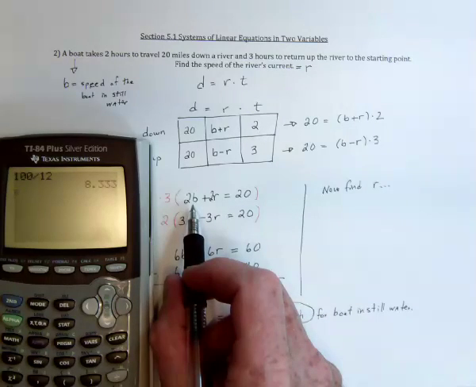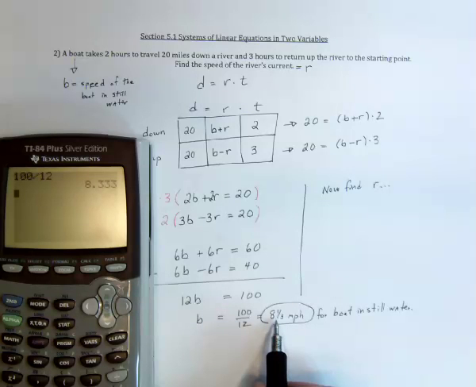So in this equation, we can use 8 1/3, or I can use the 100 over 12, or I could use an improper fraction for this, which would just be this one reduced. So that's going to be 3 times 8 is 24, plus 1 makes 25, divided by 3.